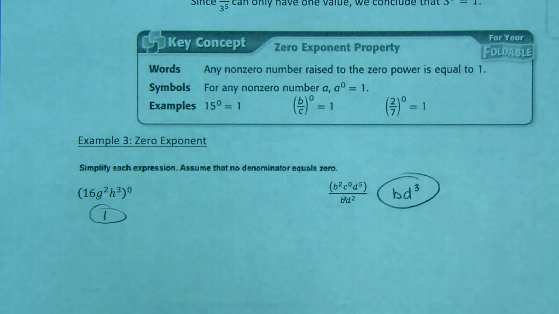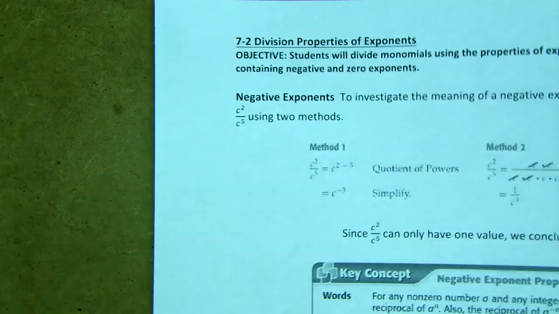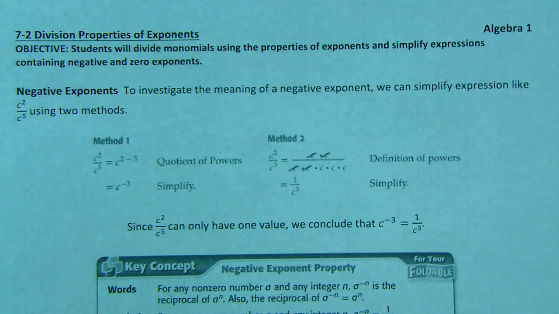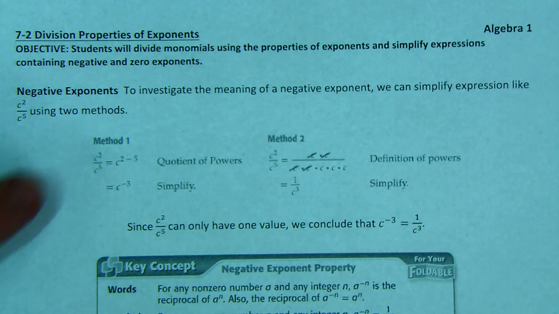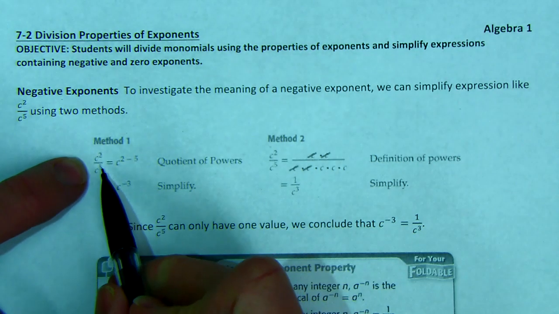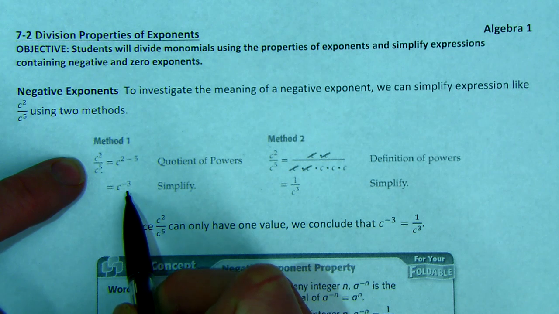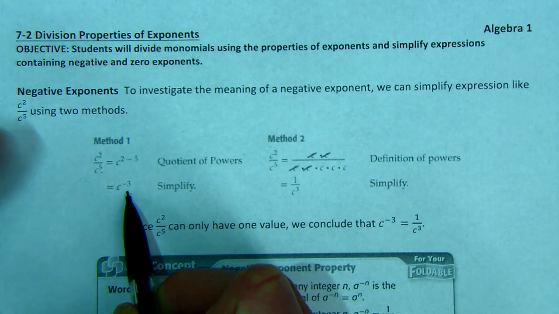All right, now, negative exponents. So 0 exponents are really easy. Anything to the 0 is already 1. Negative exponents, you may or may not have been shown this before. Hopefully you have, but as a quick review, take a look at this example. 2 minus 5 gives you a negative 3. But you can't write a monomial with a negative exponent.